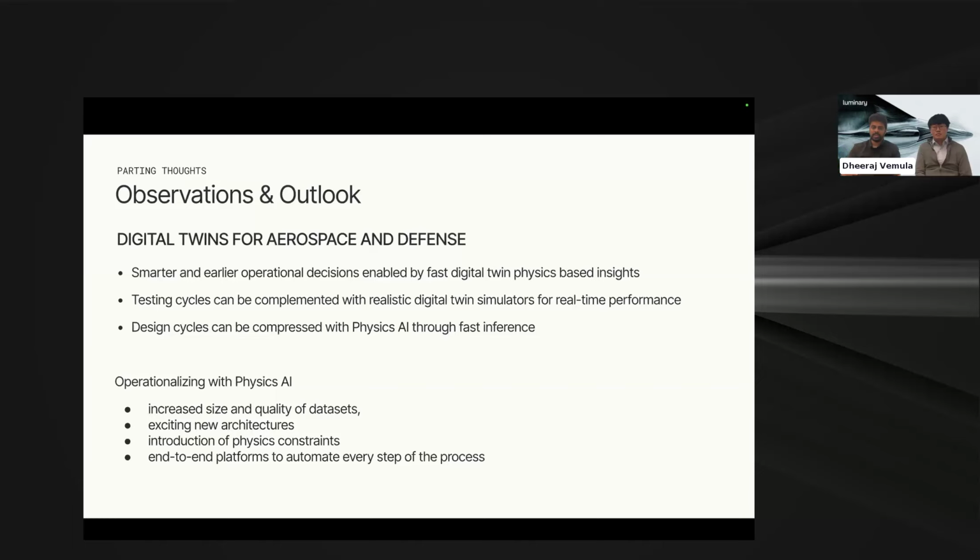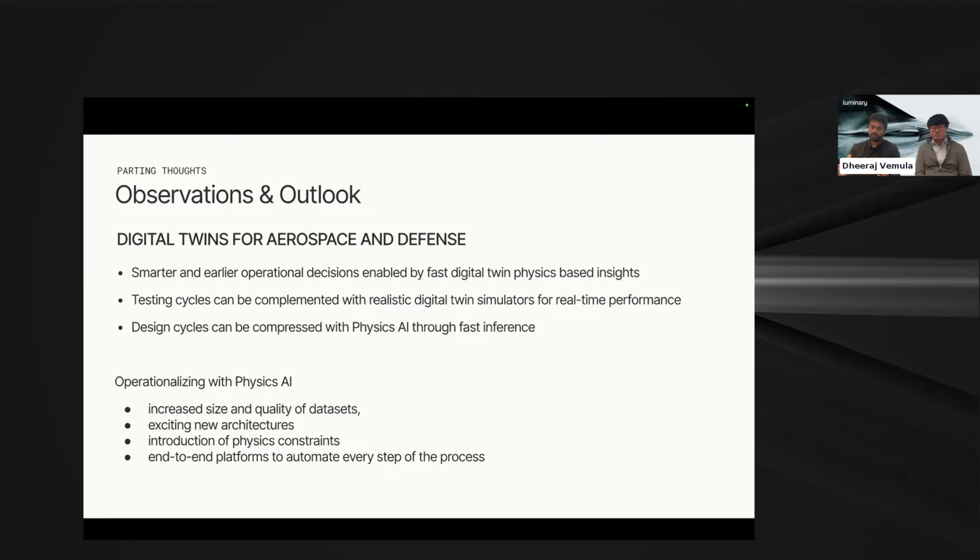Maybe you ultimately have to do some testing, but then you shrink the amount of tests you do with these real-time, high-fidelity digital twins, which was previously infeasible because of the low fidelity assumptions or the speed requirements.